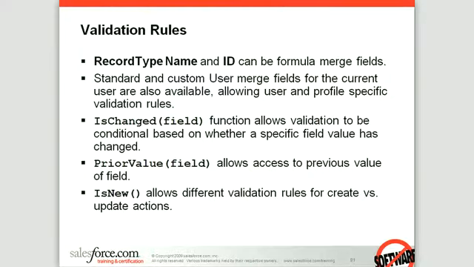There are also a number of helpful formula functions associated with validation rules, things like is changed, prior value, and is new. So we can only execute this logic when it's a new record as opposed to when it is not a new record.